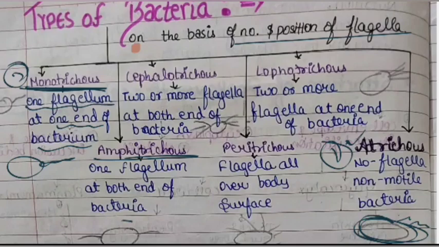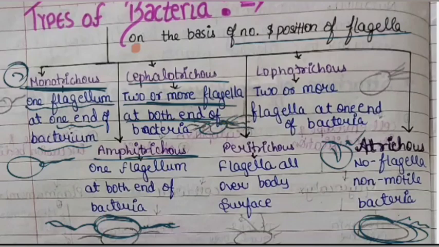Now the next one is amphitrichous, means one flagellum is present at both ends of the bacteria, as we can see in the diagram here. So the next one is cephalotrichous. Here two or more flagella can be present at both ends of the bacteria.